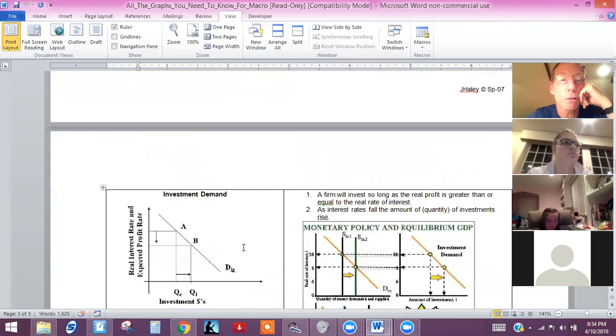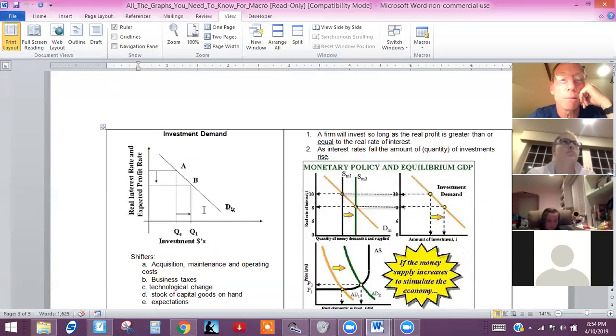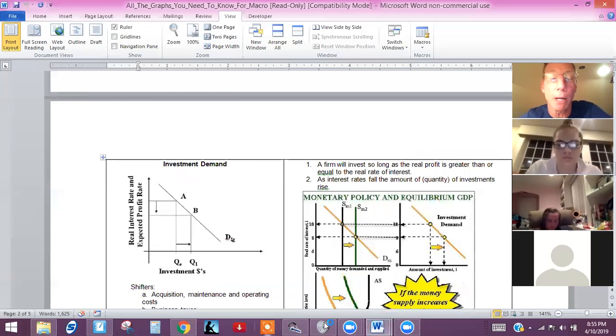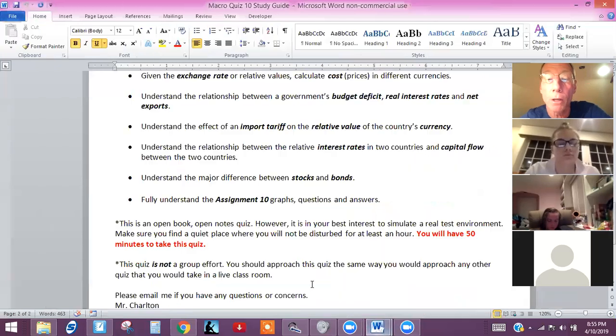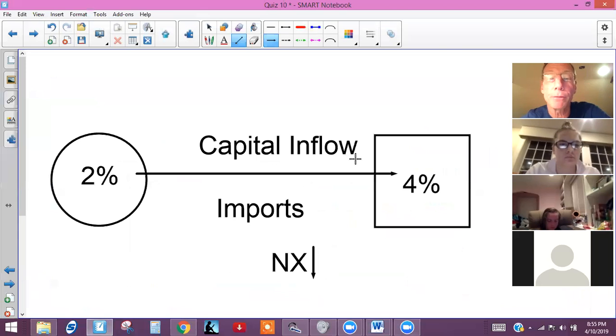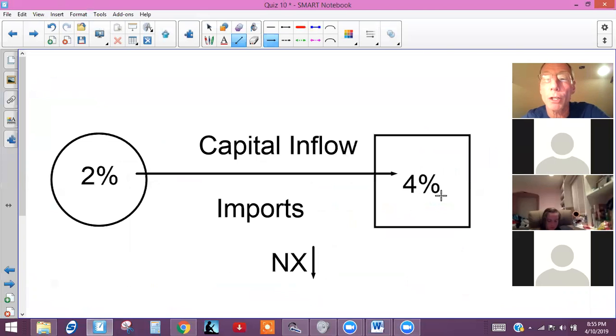The interest rates, investment demand. Okay, well, I'll think about that and I'll send out an email because I really want to be able to tell you guys why, if capital inflows are coming in, then eventually this interest rate is going to drop and this interest rate is going to rise.